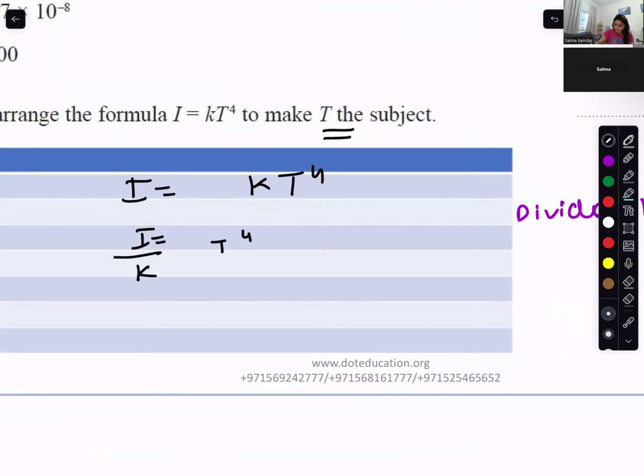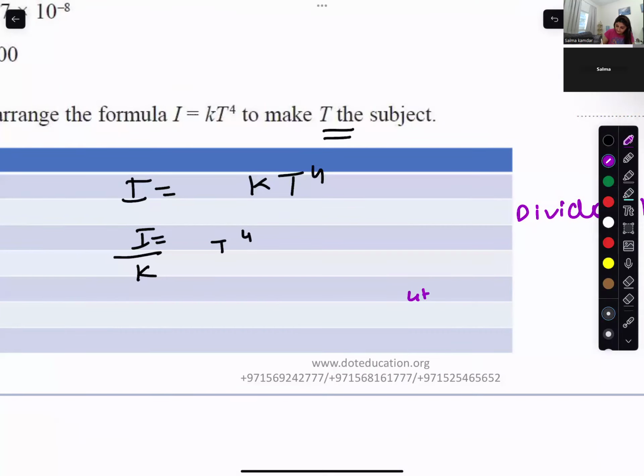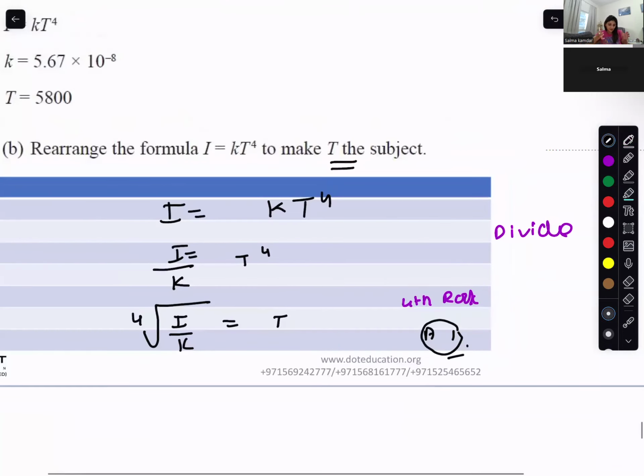Then I will take fourth root. So I will get t is equal to fourth root of I by k. This is AO1 level of marking. So with this, we complete changing the subject of the formula where it is involving squares and square roots.